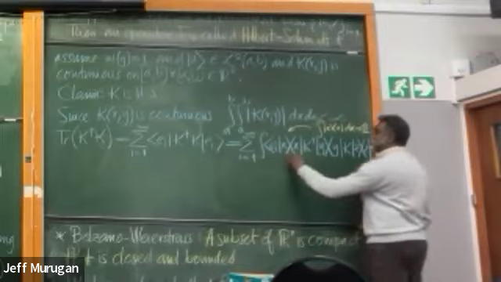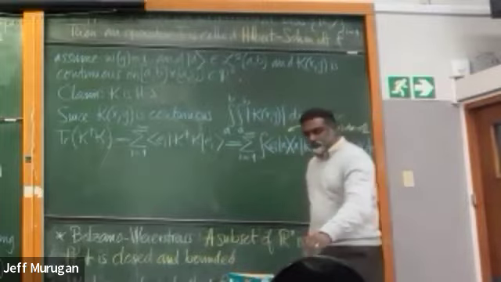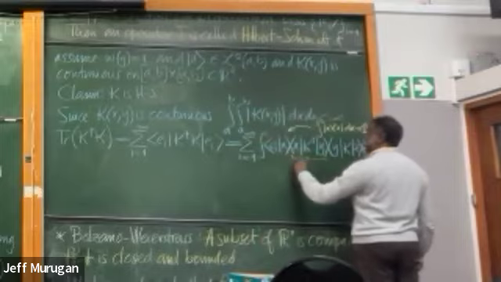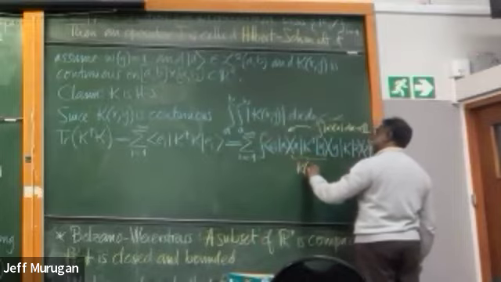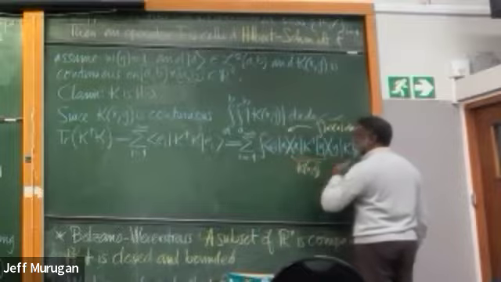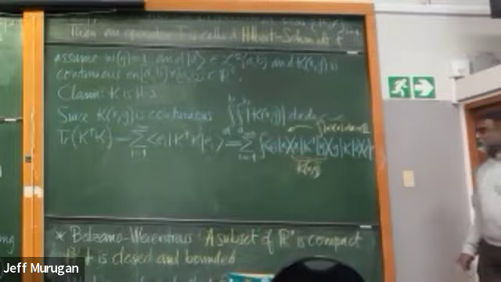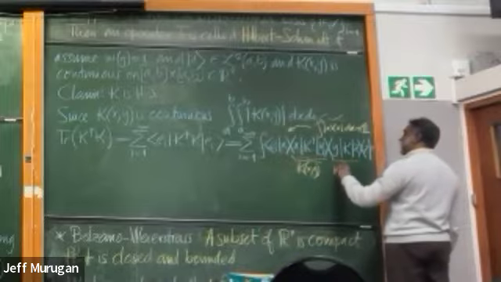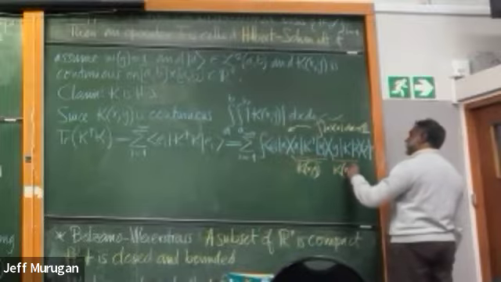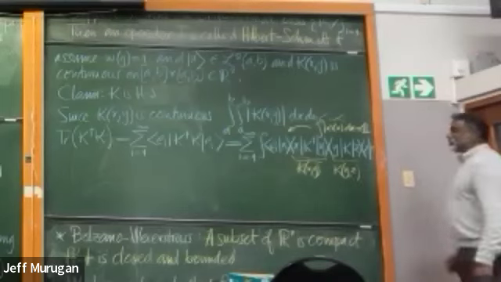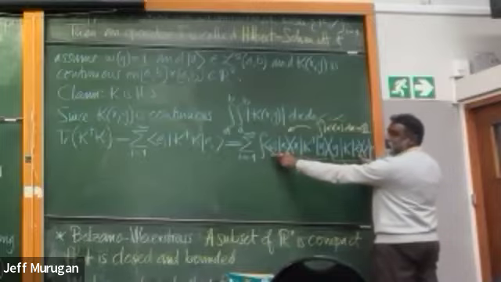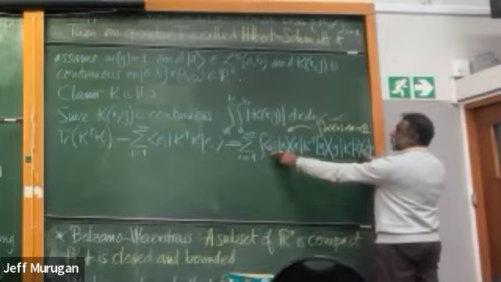This guy here is just K of x, y conjugate. This guy is K of y, z. And I can rearrange these, this one here and this one here, and move them together.